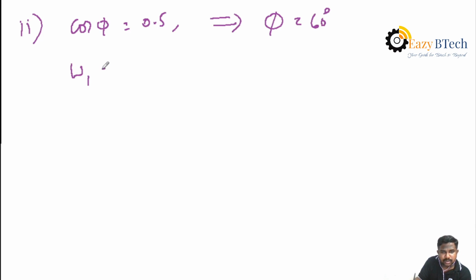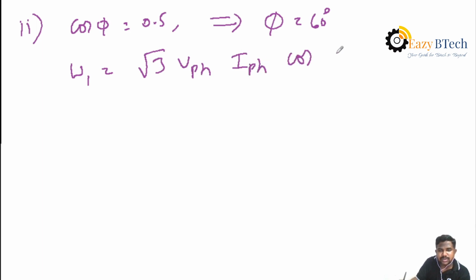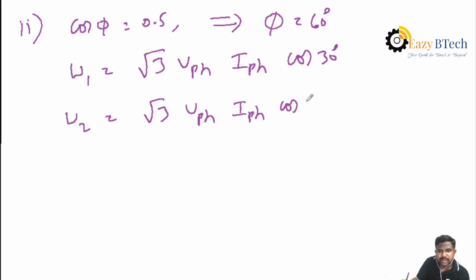Then the reading of W1 is root 3 VPH IPH cos of (30 minus 60), that is cos 30, since cos of minus theta is cos theta. Similarly, W2 equals root 3 into VPH IPH cos of (30 plus 60), cos 90 degrees.